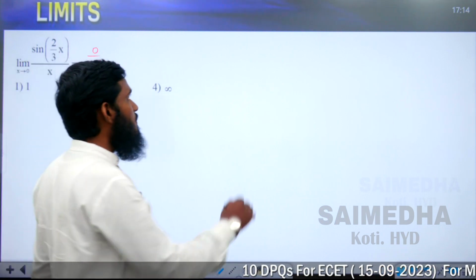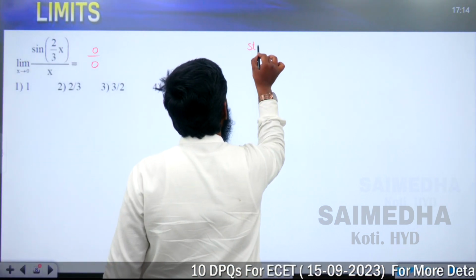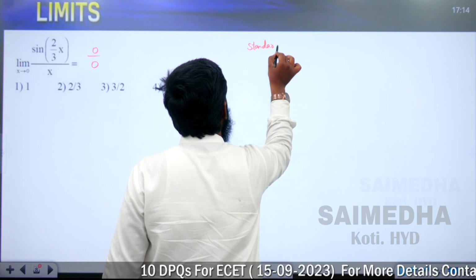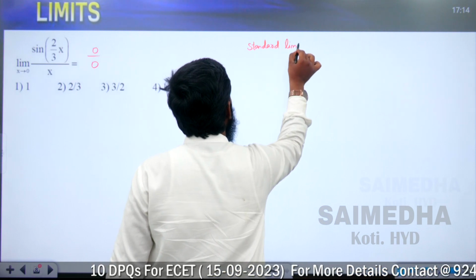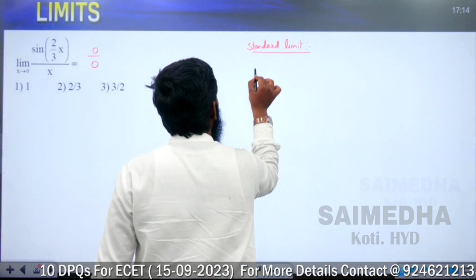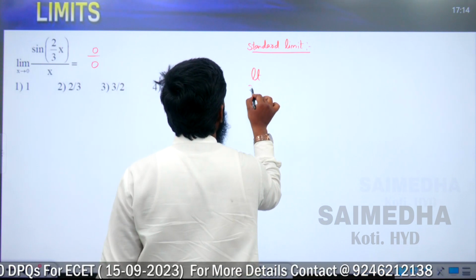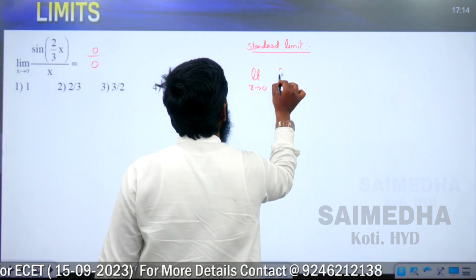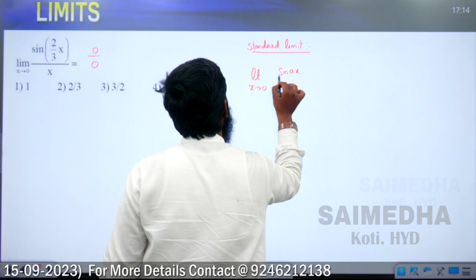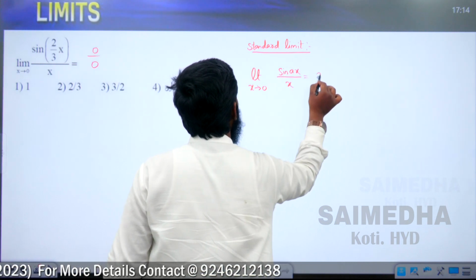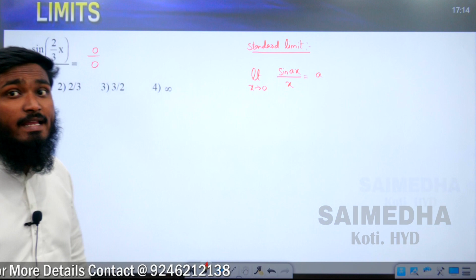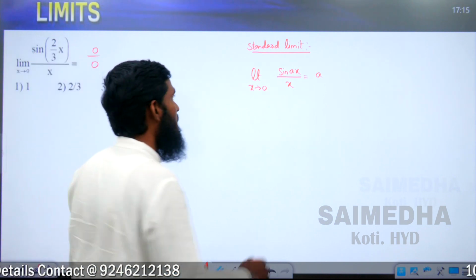Again we are getting 0 by 0. For this also we have some standard limits. What is that standard limit? Limit x tends to 0, sine ax divided by x is equal to a.